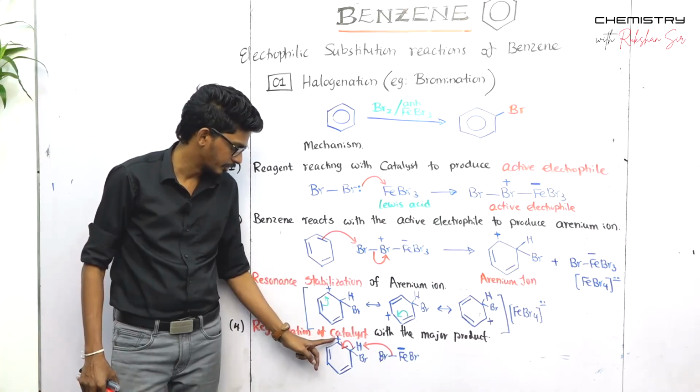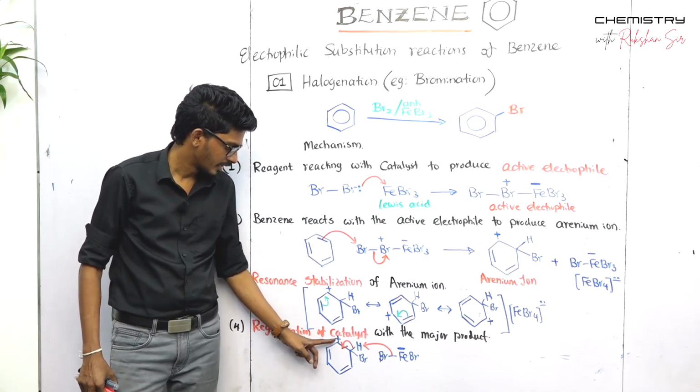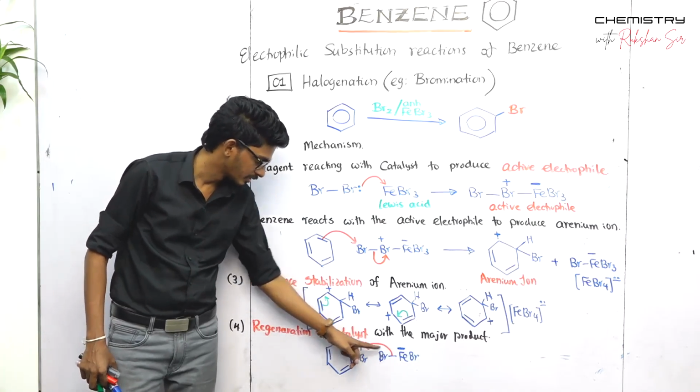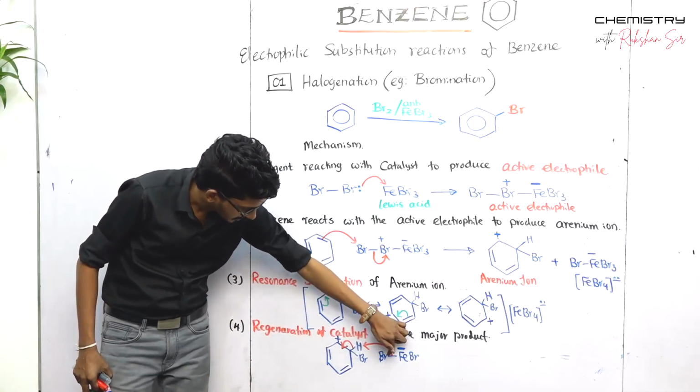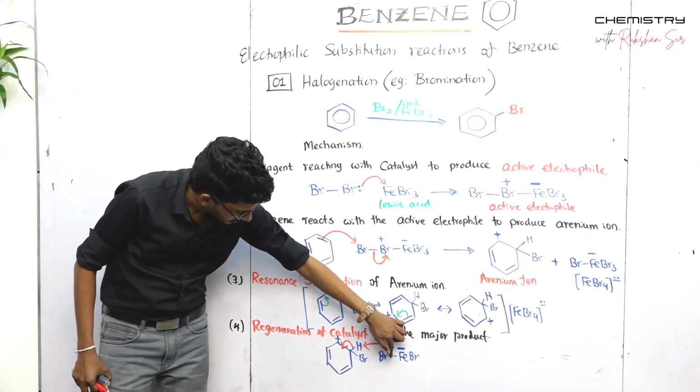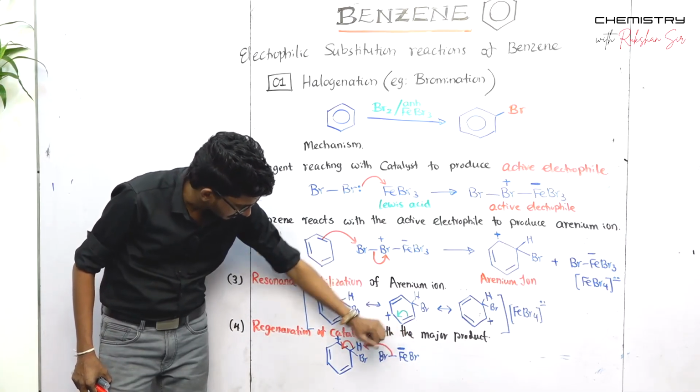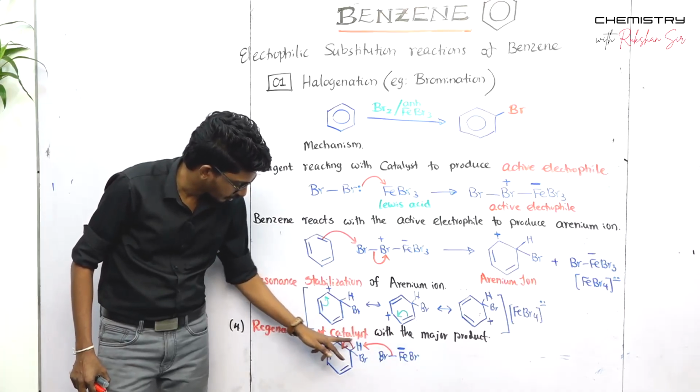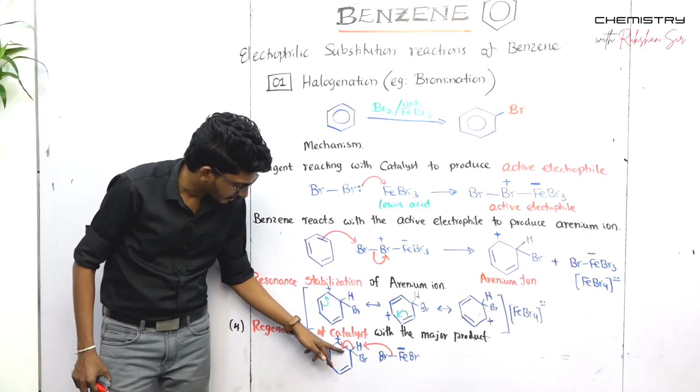So this positive charge will disappear, and the hydrogen will leave with this Br. This electron pair will grab the hydrogen, so that the hydrogen leaves as HBr, and these electrons will be given to here, so the benzene ring will be formed as the major product.